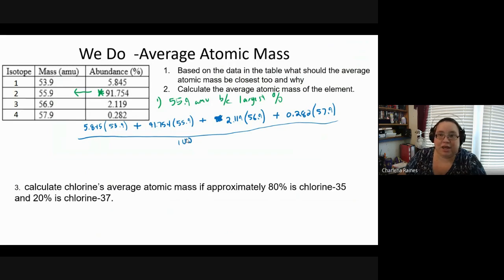My mass should not be below 53.9 and it should not be above 57.9, and it should be really, really close to 55.9. Handy dandy calculator, and I have not pre-calculated this, so bear with me. And hopefully I don't fat finger and hit something I'm not supposed to.